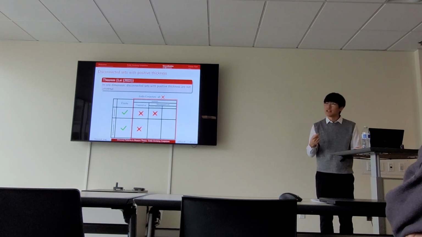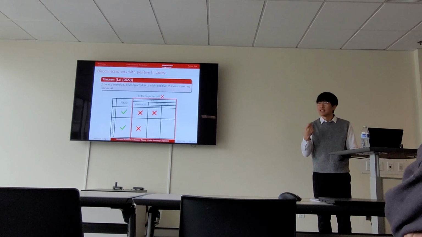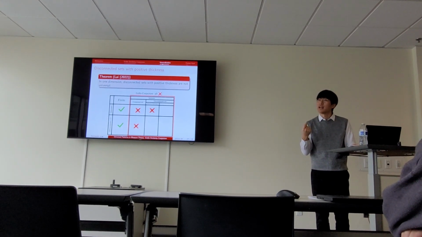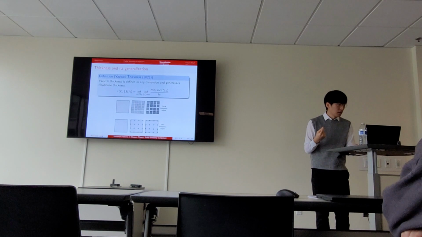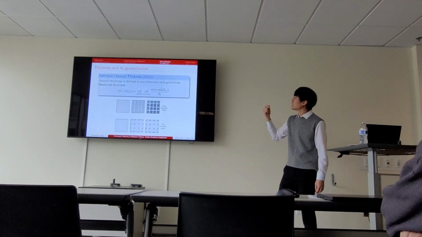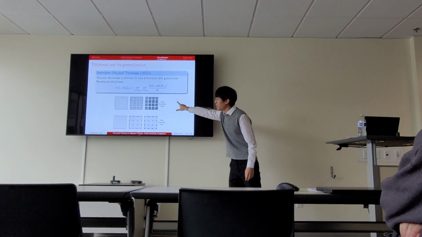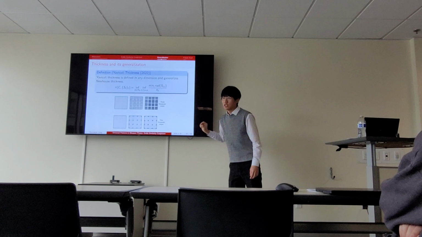The limitation is that Newhouse thickness was only defined in 1 dimension, and no one was able to easily generalize this to higher dimensions. Luckily, a mathematician named Yavicoli was able to generalize this notion into higher dimensions using this equation. For example, we would have a thick Sierpinski carpet or a thin Sierpinski carpet.